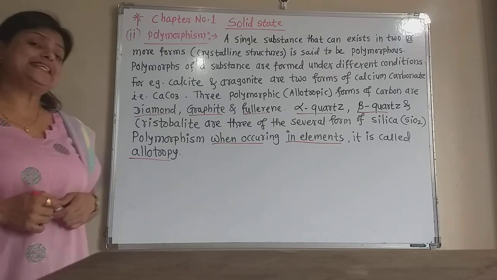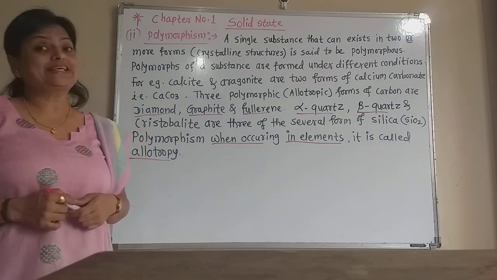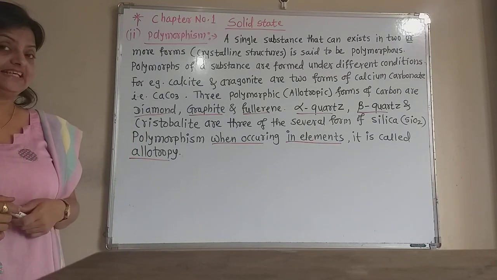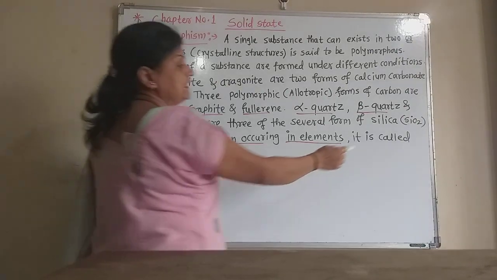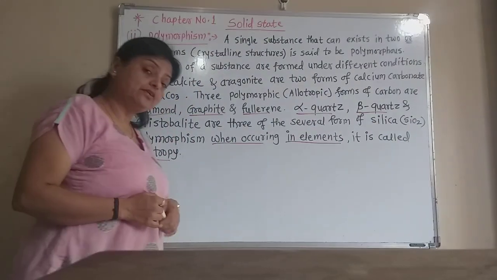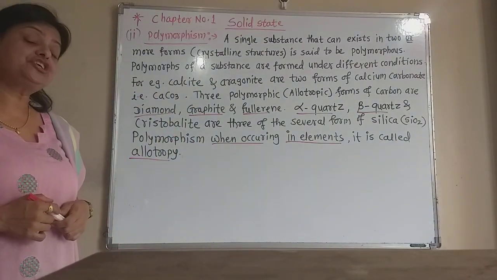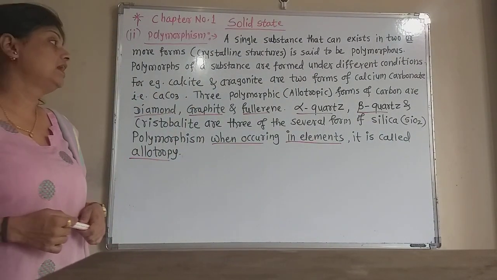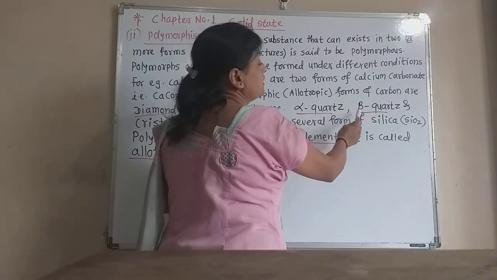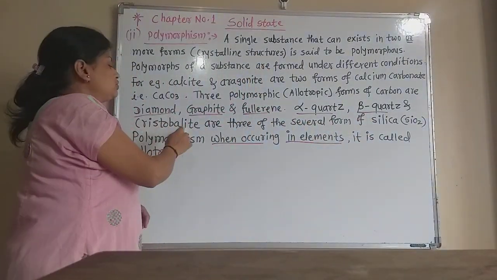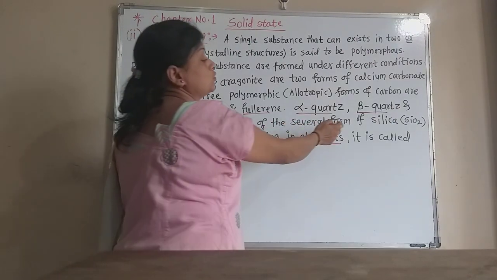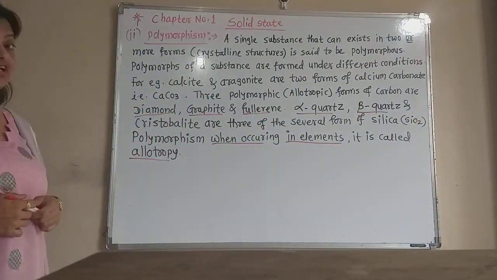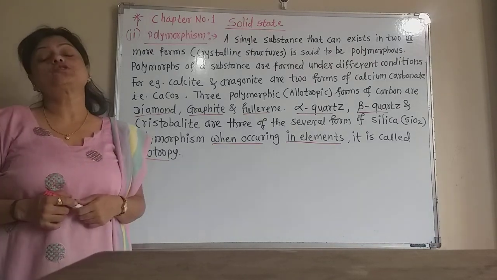Now you know silica, silicon oxide, that is sand. The three crystalline structures of this silica are alpha quartz, beta quartz and cristobalite. All these three are several forms of silica, which are polymorphs of each other.